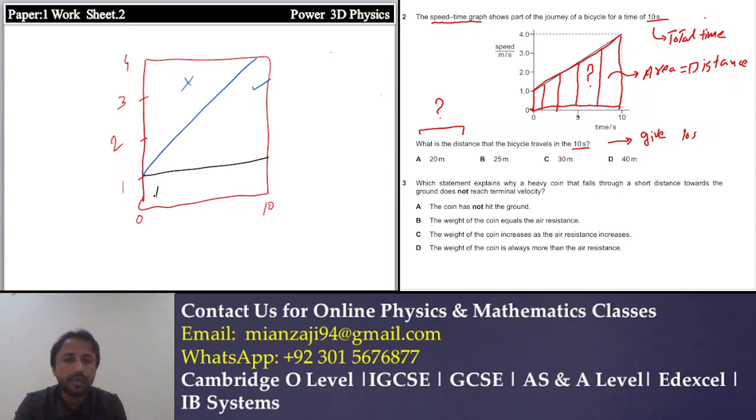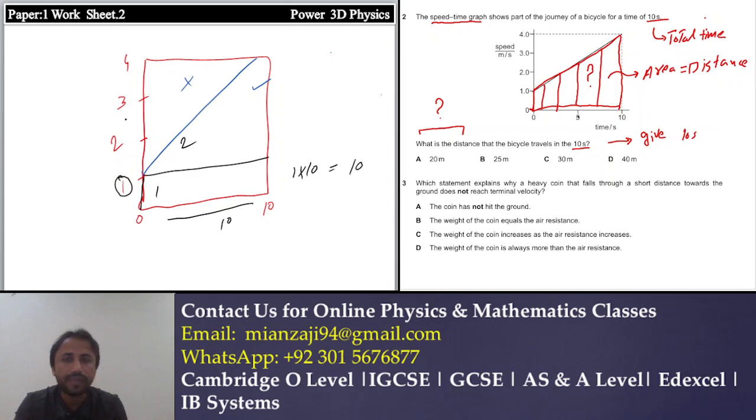First is a rectangle and second is a triangle. First of all, we have to find the area of this rectangle. Its one side is 1 and the other side is 10. So its area will be equal to 1 multiplied by 10, that is equal to 10.